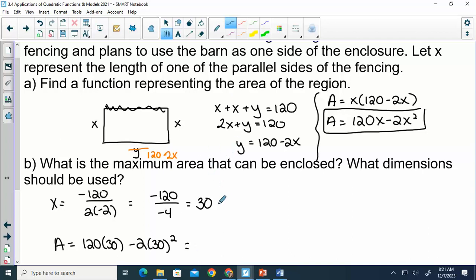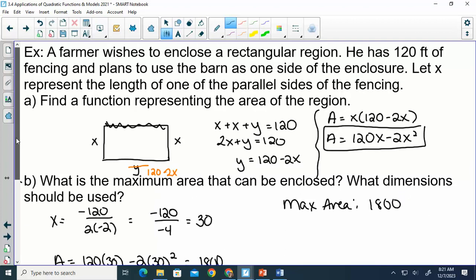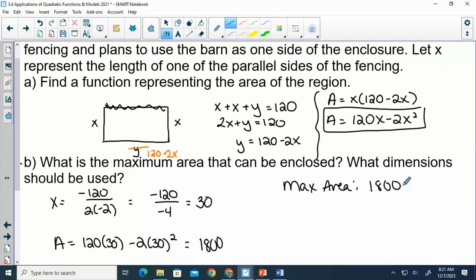And we get, so my maximum area would be 1,800. Let's see, our dimensions were in feet, so square feet. Area is always squared. What dimension should be used?